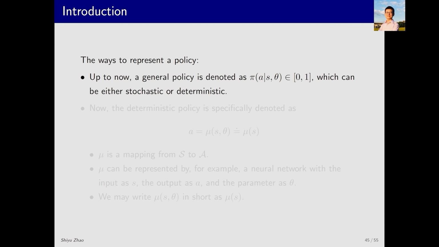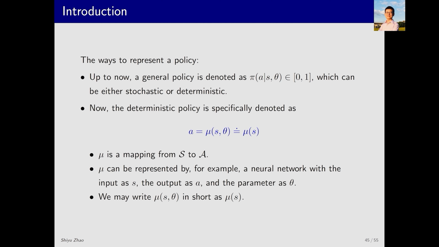To be more specific, all our policies were represented as pi(a|s,theta), which gives the probability of taking action A in state S. This is a value between 0 and 1. It may represent a stochastic policy or a deterministic policy. Now, to specifically represent deterministic policies, we directly denote the policy as a = mu(s,theta).